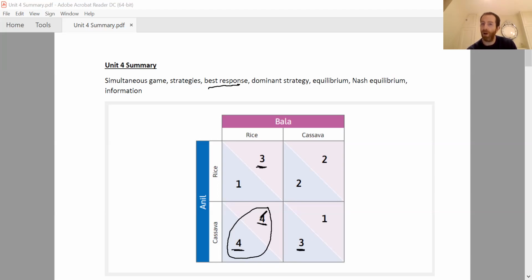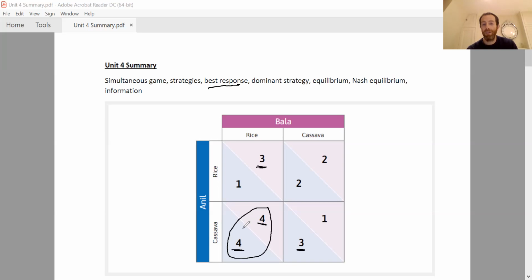That's the best option for her, her best response. But if Bala is playing rice, Anil wants to play cassava, and does not want to change his mind. That's his best response. Whereas in all the other outcomes, the players wouldn't be happy. They wouldn't be best responding. The one outcome where they are both choosing the best possible action in response to the other one is this one down here.